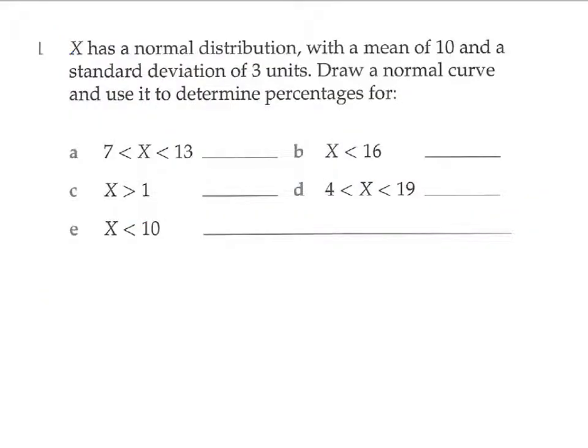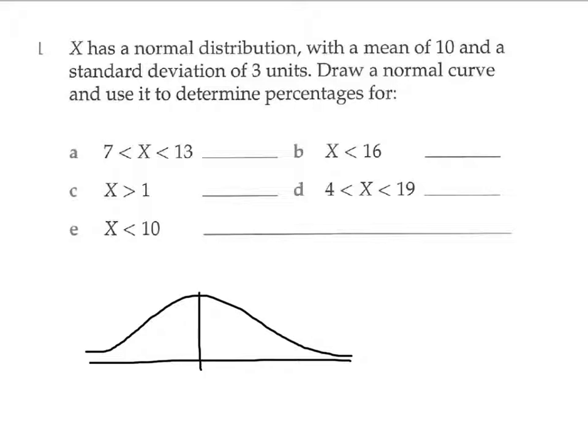Okay, the next one, we always draw the curve. So if we draw a curve here, and we're given the mean usually, the mean is 10, standard deviation is 3, so I'm going up 1, 2, 3, this will be 13, 16, 19, and then I also go down by 3: 7, 4, 1.